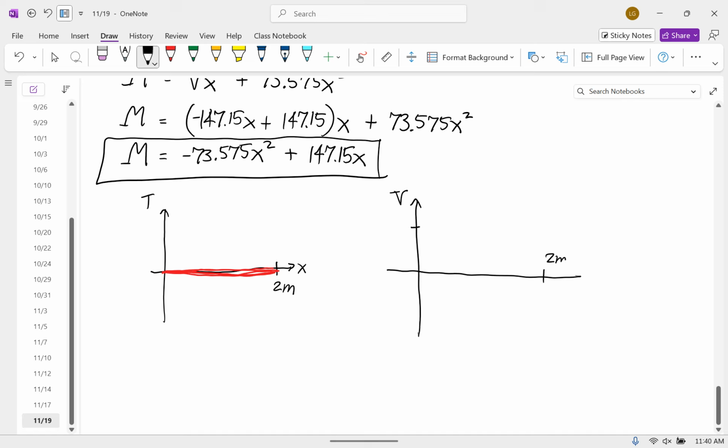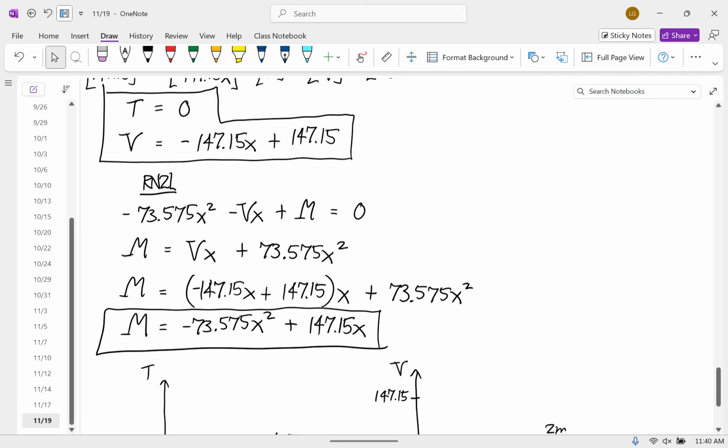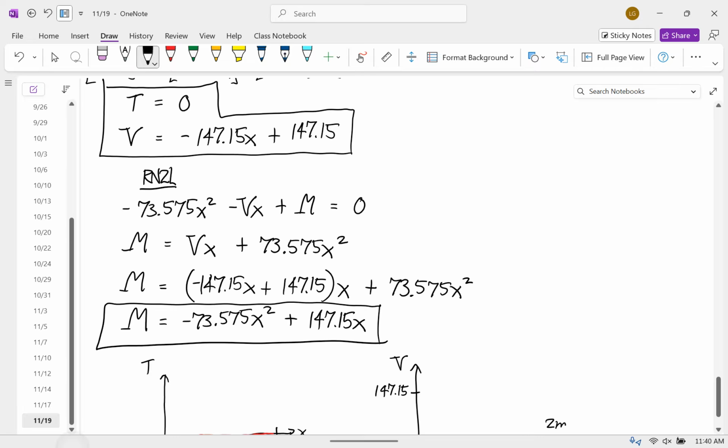It starts at 147.15 and ends at negative 147.15. All I'm doing is graphing this linear function for V.